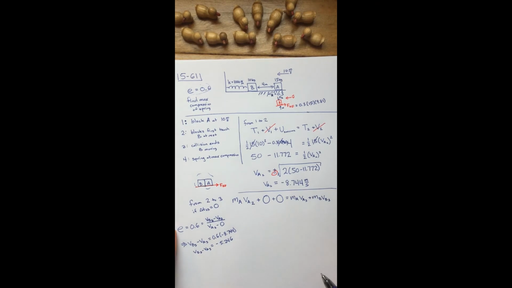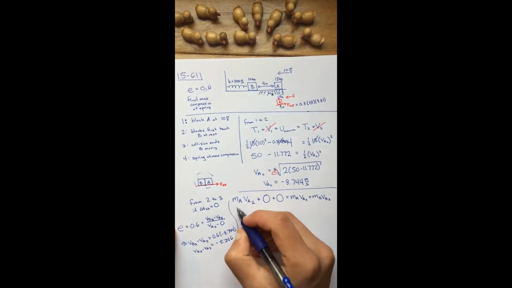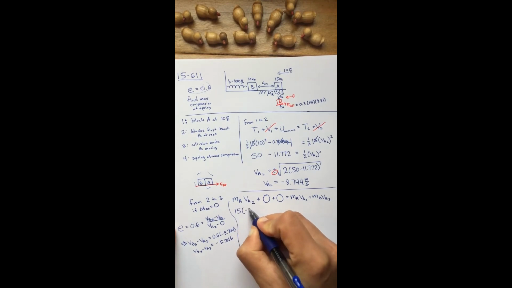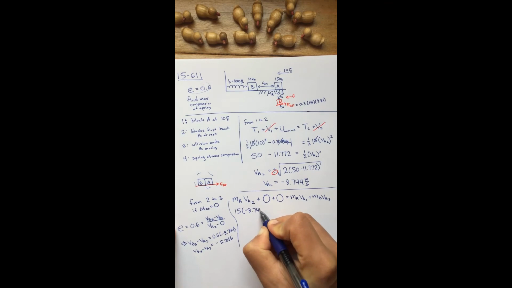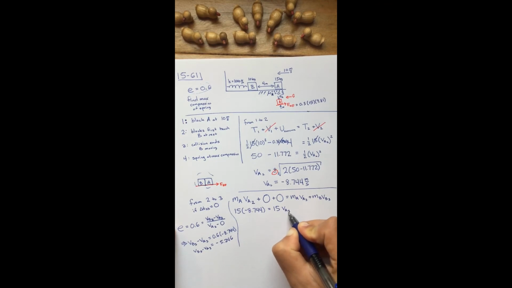From my momentum equation here, I can put in the mass for block A, which is 15, the velocity, which is negative 8.744, plus 0 is equal to 15 times VA3 plus the mass of block B, which is 10, times VB3.